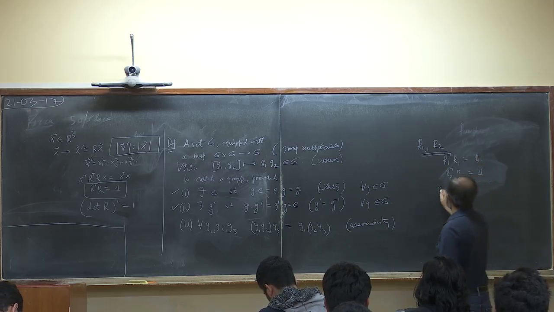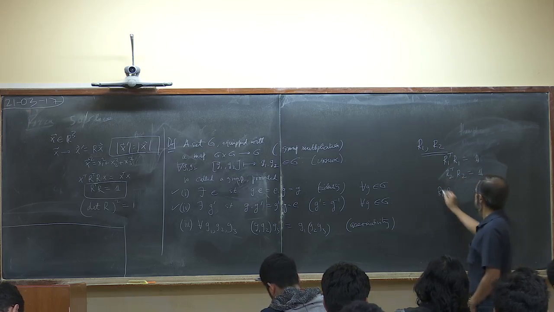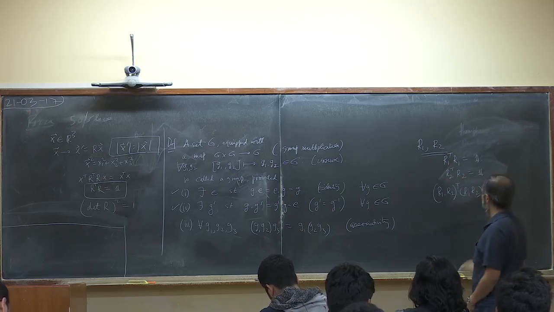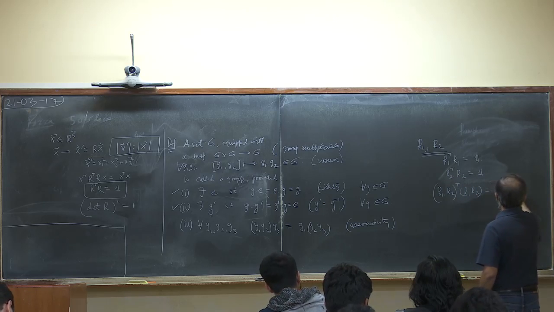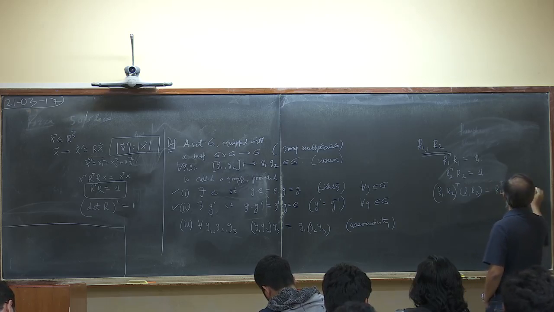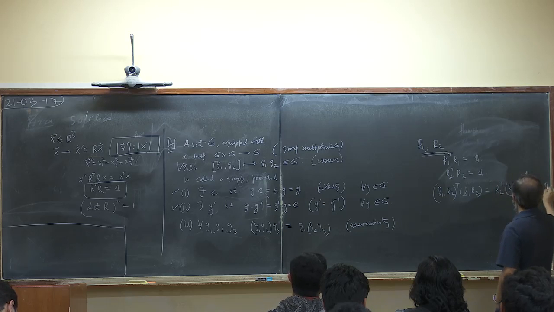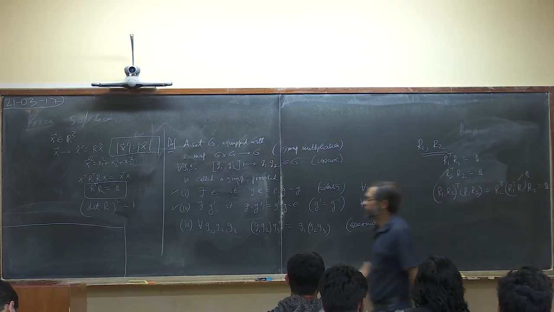Clearly I define the combined element by matrix multiplication, so therefore this should satisfy the identity, but that of course follows because this is R2 G, R1 G, R1 R. This is equal to 1, this is equal to 1, so that everything follows.